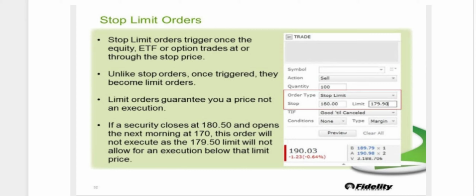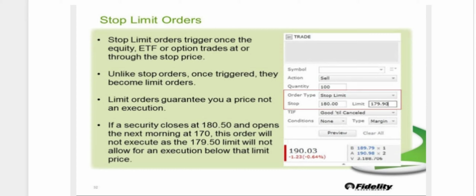So you want to be cognizant of that limit level. If something's really volatile, you may want to set it at a different level than something that isn't very volatile, that doesn't move a lot. And this goes back to what Robert was talking about earlier, the average true range. That can help you with setting this kind of a limit.